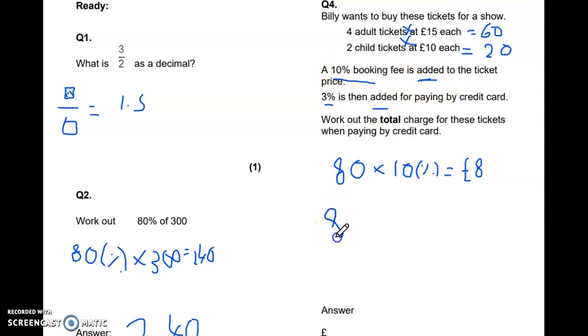And then what we're going to have to do with that is work out 3% of that. So if we times that by 3, and then again followed by that percentage button. So 88 times 3% gives us £2.64.